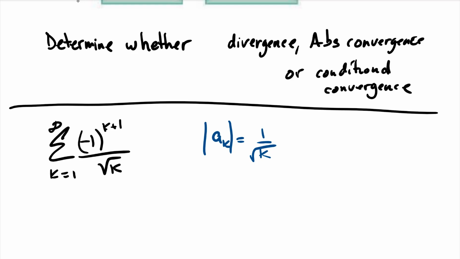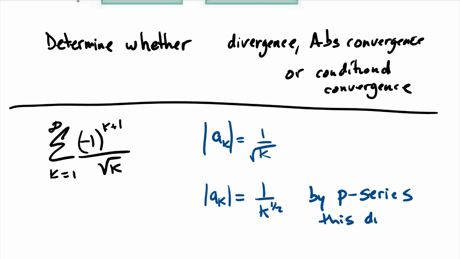And we're like, okay, cool. Well, the limit as k goes to, actually, hold on. What's going on? This is 1 over k to the 1/2 power. By p series, this diverges.